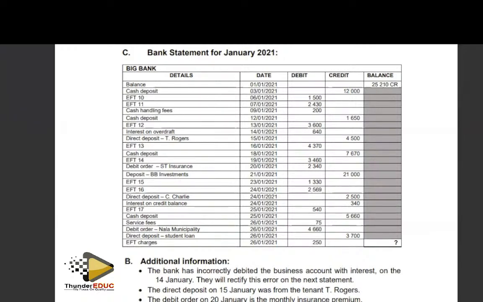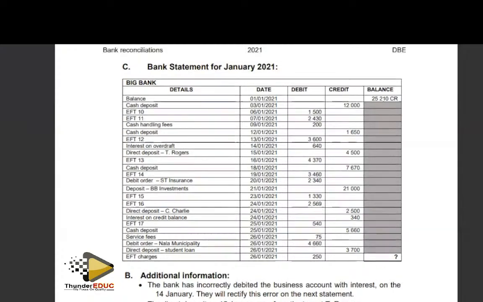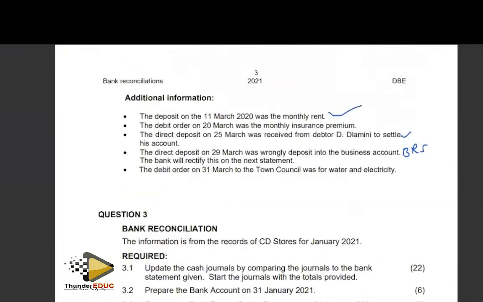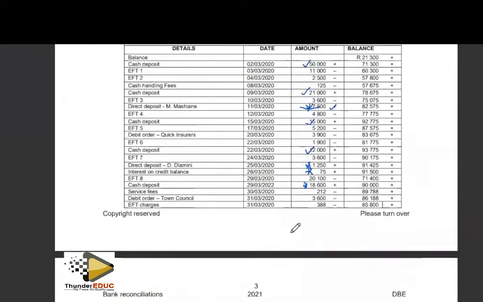Okay, so what are we going to do now? The bank reconciliation statement is a continuation of this statement, of this crediting and debiting.